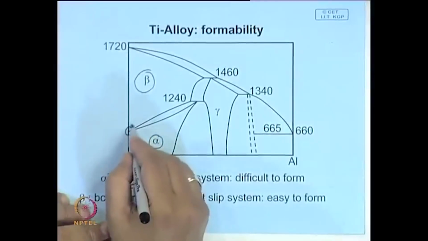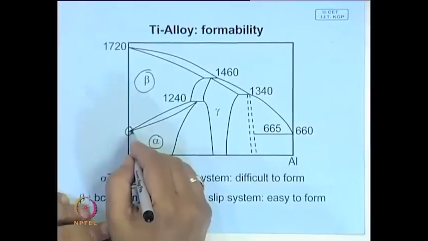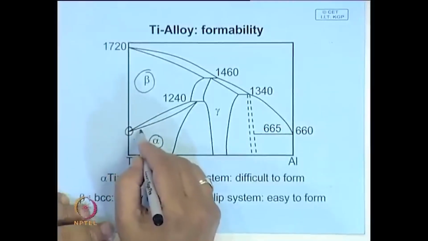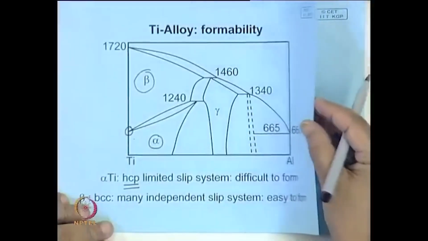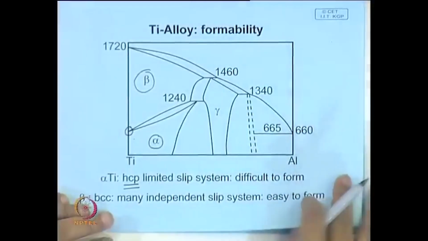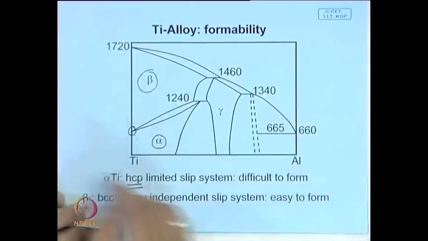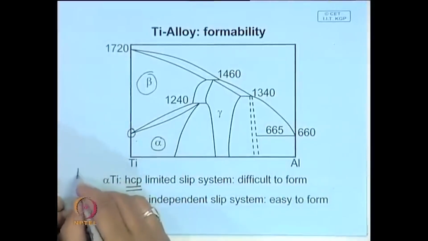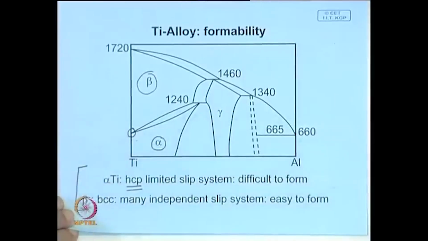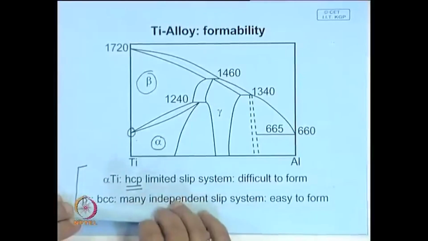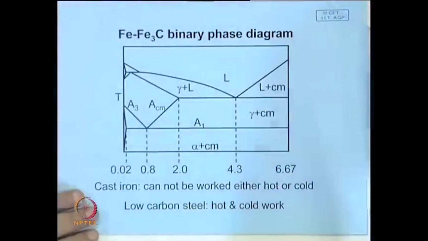And if you do not want to work at a higher temperature, by adding alloy elements this transformation temperature can be brought down. So, definitely the phase diagram and alloy design can help you design different alloys which will be amenable to deformation processing at the desired temperature that you want.